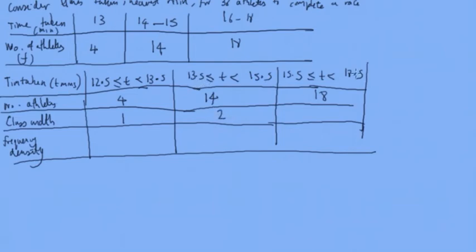And here we have 18.5 take away 15.5, which is 3. So the class widths are different for each one. Now our frequency density is going to be 4 divided by 1 is 4, 14 divided by 2 is 7, and 18 divided by 3 is going to be 6.